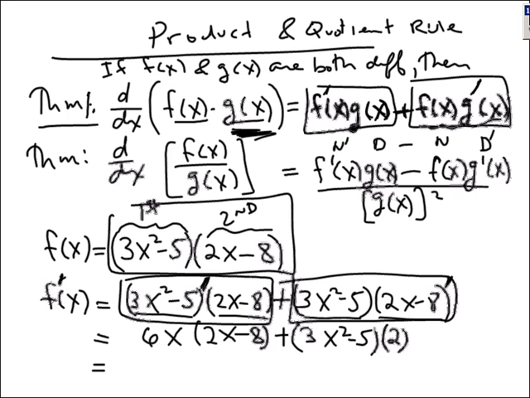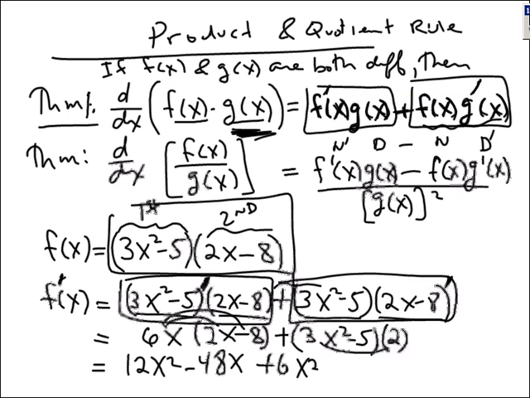And what we get is distributing the 6x. We get 12x squared minus 48x, and it's plus. So you have 3x squared times 2, which is plus 6x squared, plus a negative 5 times 2, which is negative 10.